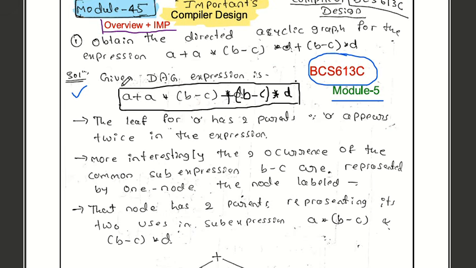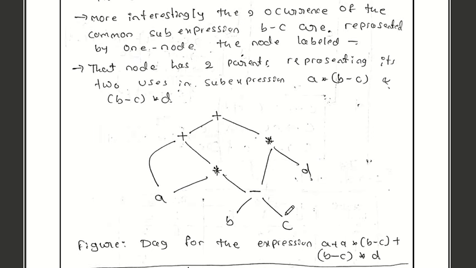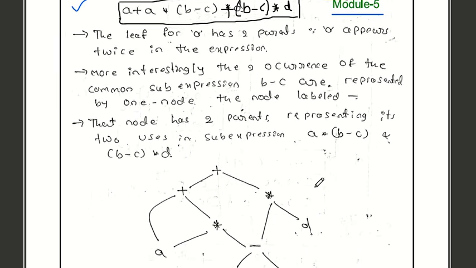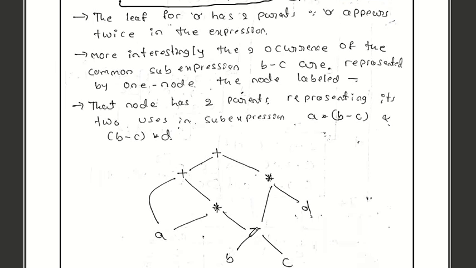So the given DAG expression is written here, and for this you need to draw the DAG diagram. It starts with the b minus c.